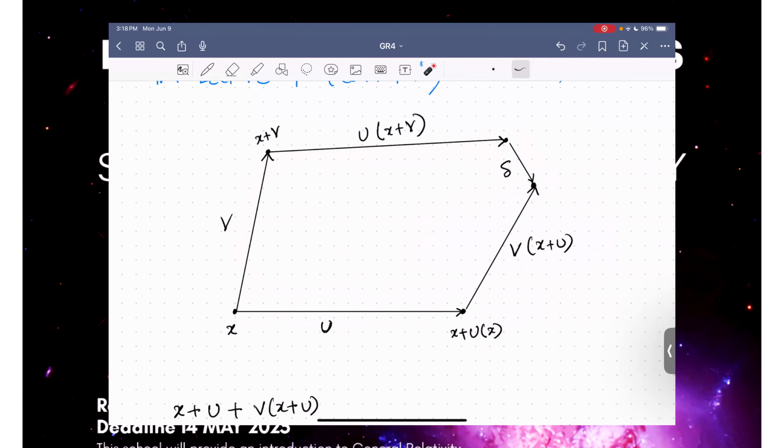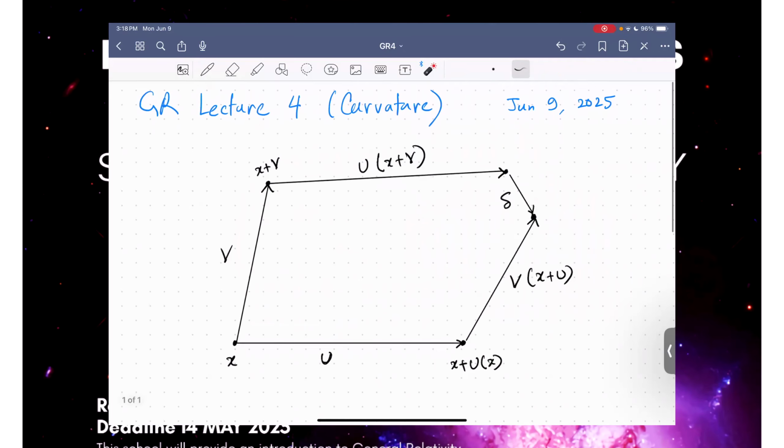Okay, very well. So this is going to be the loop around which we are going to transport our vector and see what we end up with. So basically what we're going to do is introduce another vector field. Let's call it W. We will start from, let's say, something like this. So some vector field W. And then first we're going to parallel transport this W along this path.